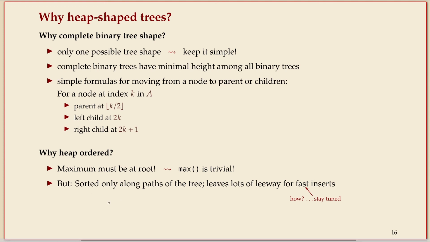There are many leaves which are completely unordered. If you think about it, nothing tells you if two siblings are ordered this way or that way. There's no restriction. So there are still many assignments of the labels to a heap that are valid. And we'll exploit that for fast insert.